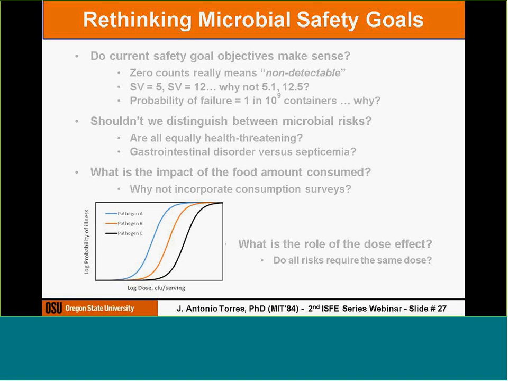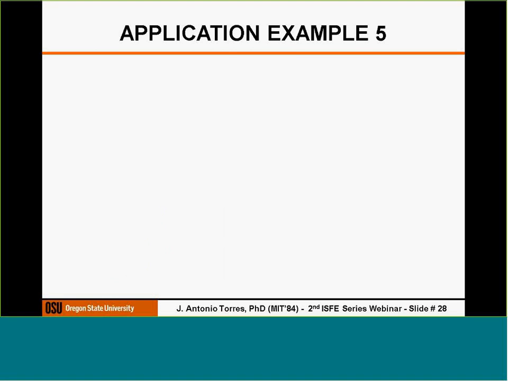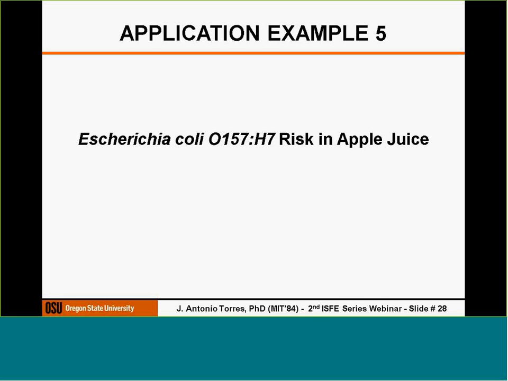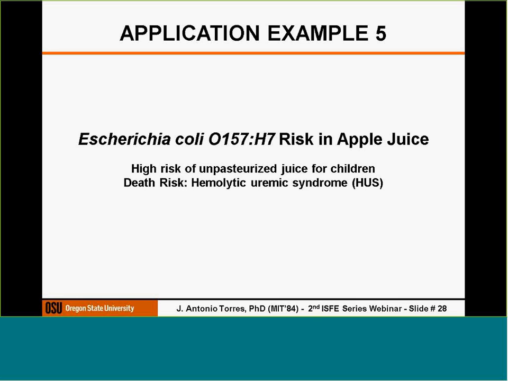And the last application is E. coli O157 in apple juice. So there's a risk of unpasteurized juice for children. The risk is serious because of the death risk from hemolytic uremic syndrome, HUS.